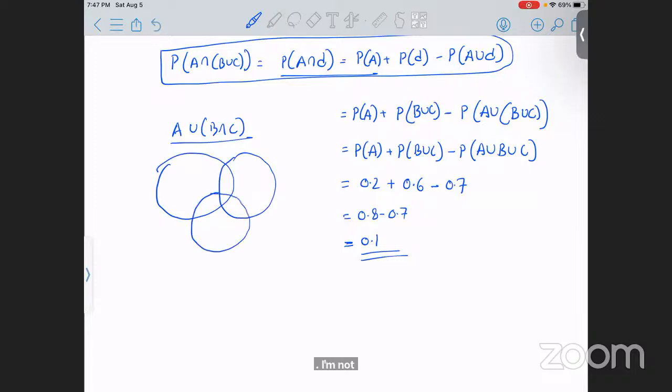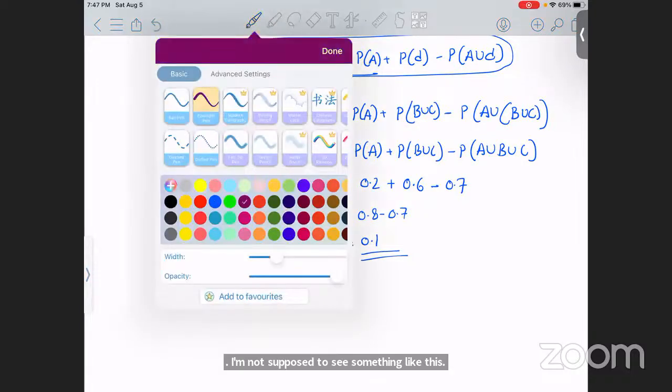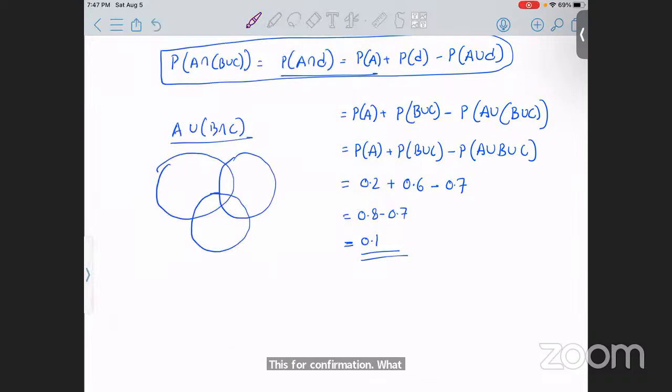What is B intersection C? The whole circle B and C. This is B intersection C. Agree? Yes, sir.